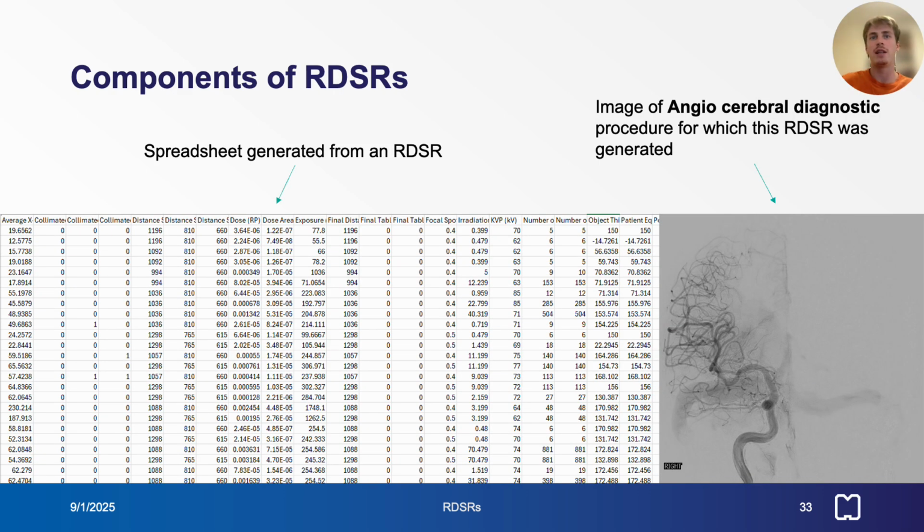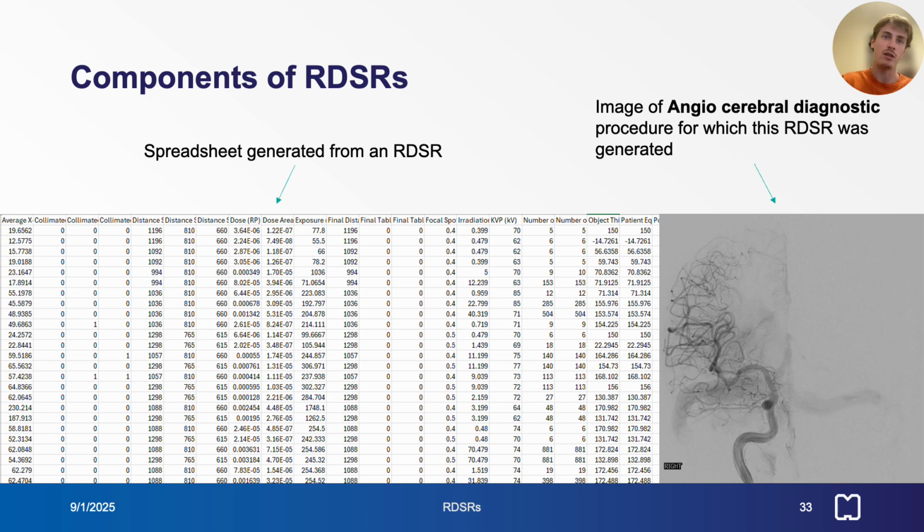Shown here is an example of the kind of information that can be found in an RDSR. In this example, a patient underwent an angiographic cerebral diagnostic procedure. These kinds of procedures, which are followed and/or preceded by interventions such as a dural arteriovenous fistula embolization, result in patients receiving high skin doses.